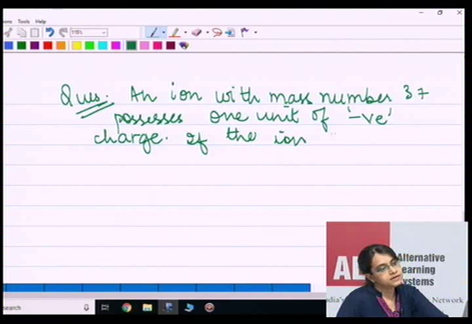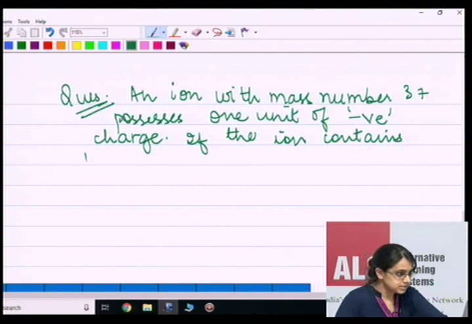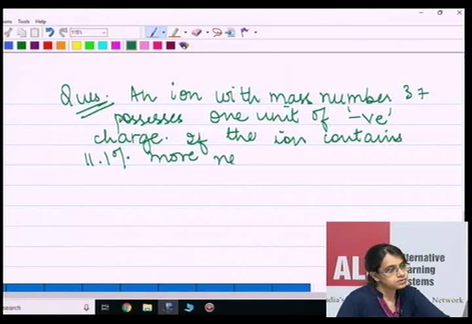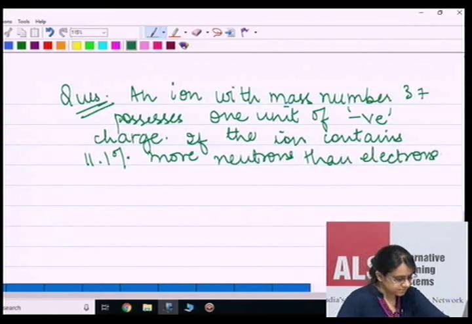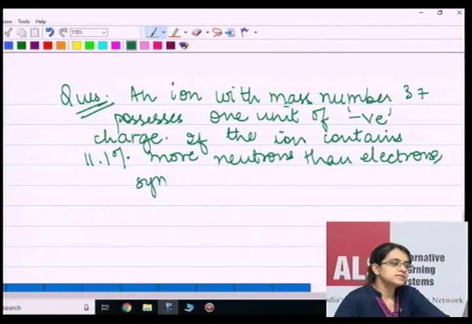If the ion contains 11.1% more neutrons than electrons, find the symbol of the ion.